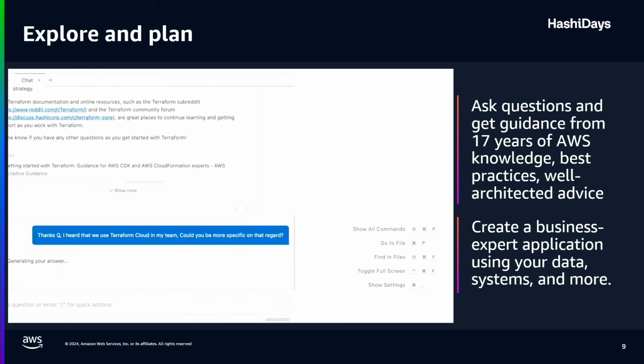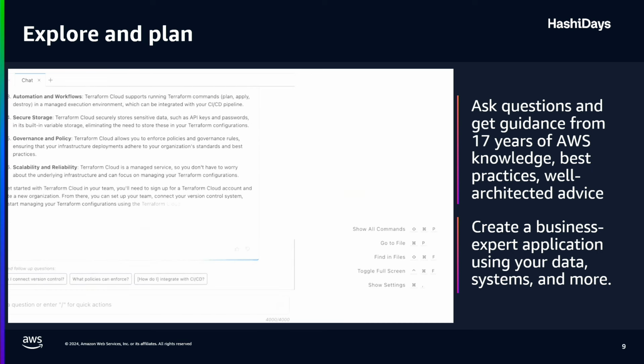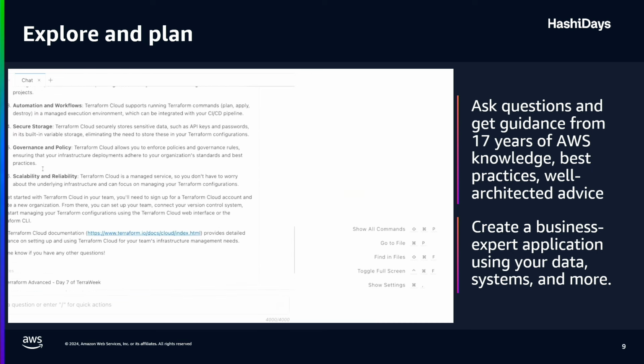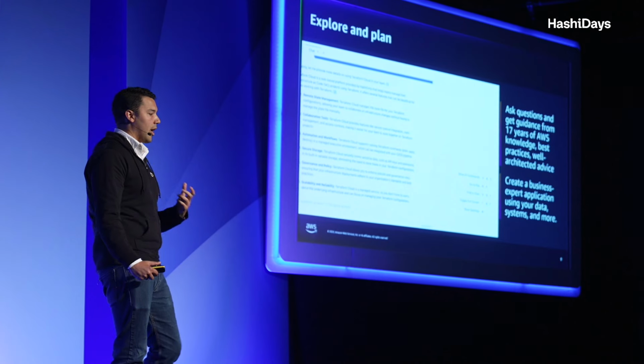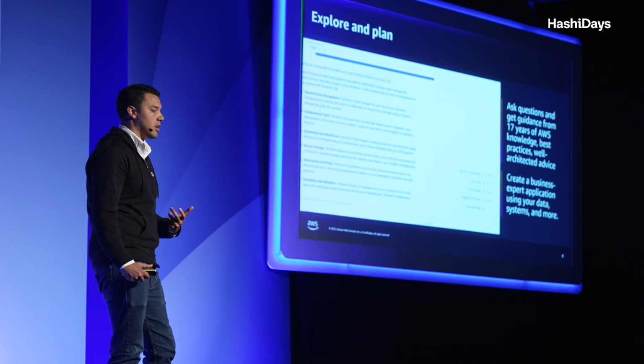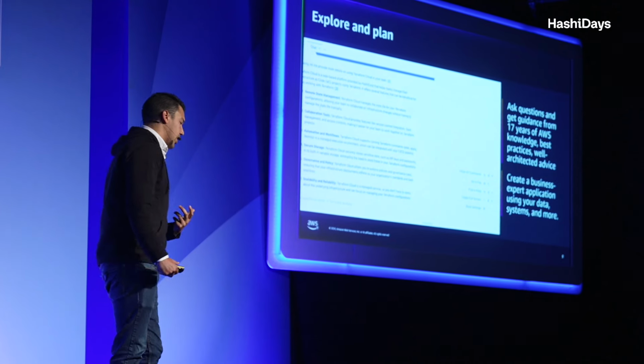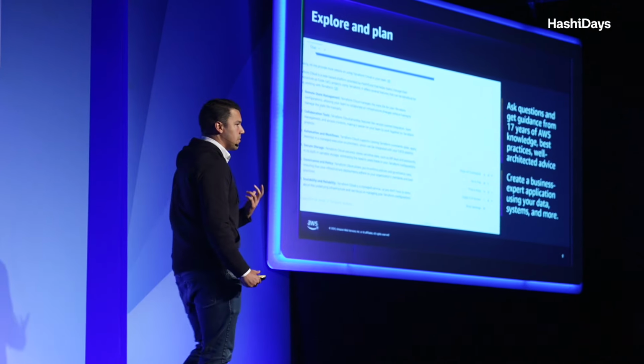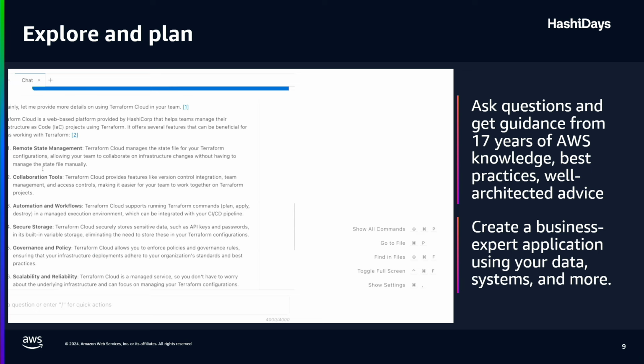And after that, we start iterating with Q. And I really, really like this because this is actually like conversational coding. So I am expecting Q to provide me with insights about what I would like to deploy, and which is the environment that I am going to start using. So in this sample, I just did the exploration and planning phase.